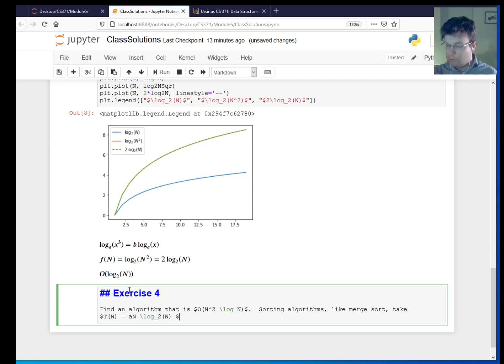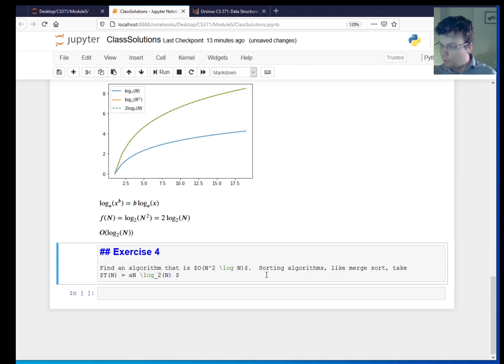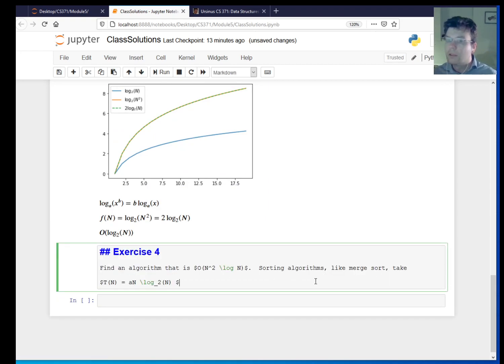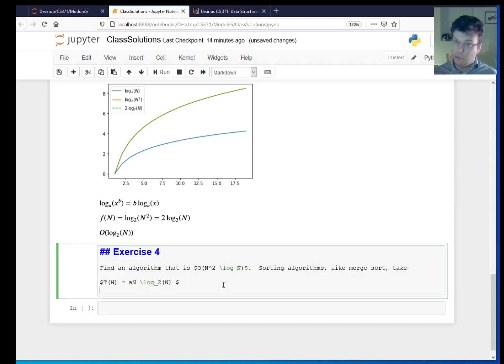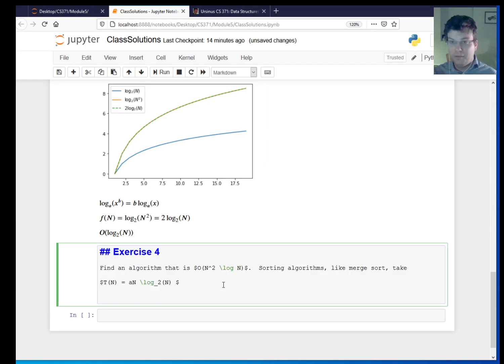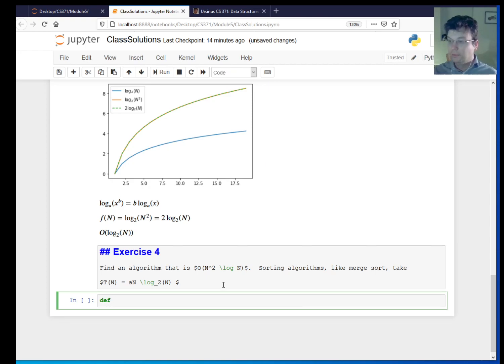We'll talk more about merge sort in a few weeks. You've probably seen it before. I showed it in both 173 and 174. But anyway, that's the timing function for merge sort. So one way to make this happen is to just sort an array n times in a loop, or something like that.